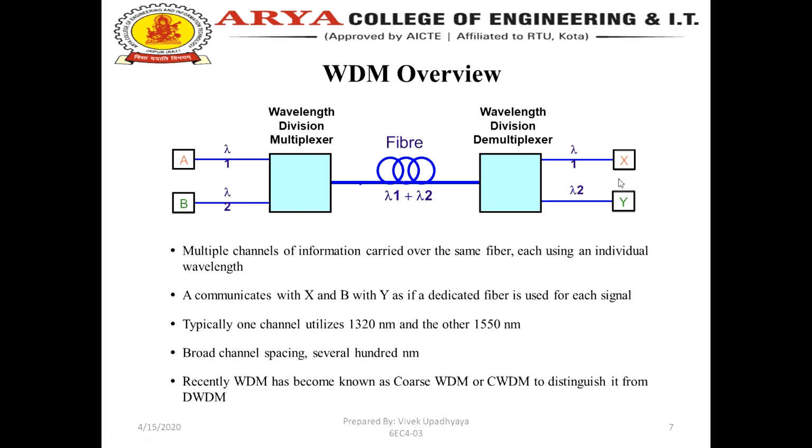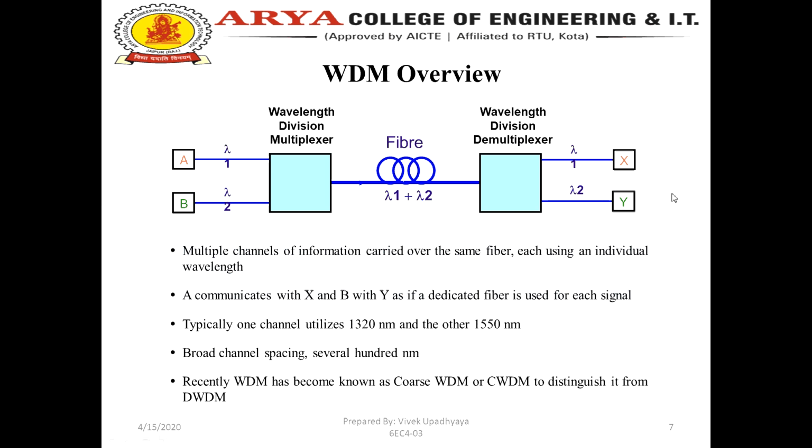Here we apply a wavelength division multiplexer, and then we install a fiber. In the fiber we get both the wavelengths lambda 1 and lambda 2. Now at the receiver side we have the wavelength division demultiplexer. Here we get lambda 1 in the above line and lambda 2 in the below line. So at X we get lambda 1 and at Y we get lambda 2.